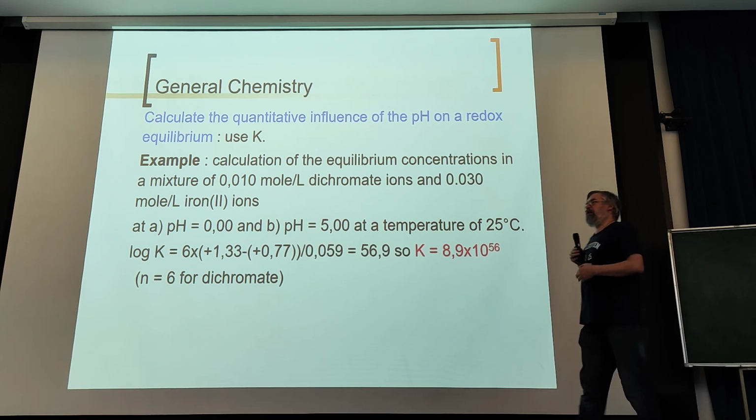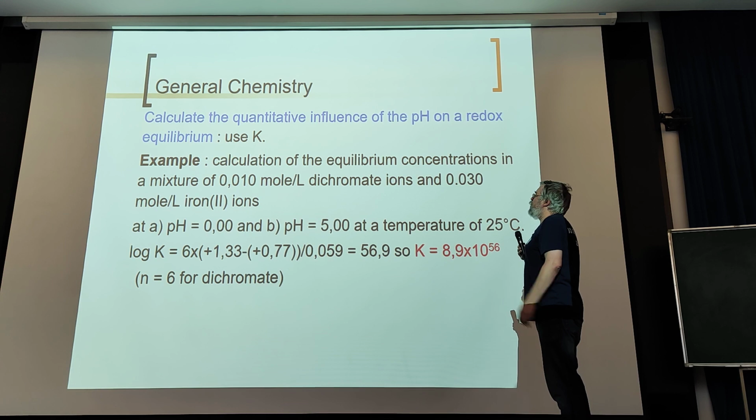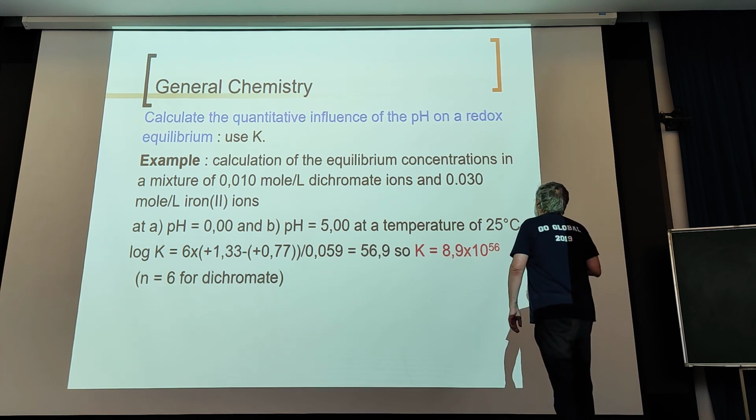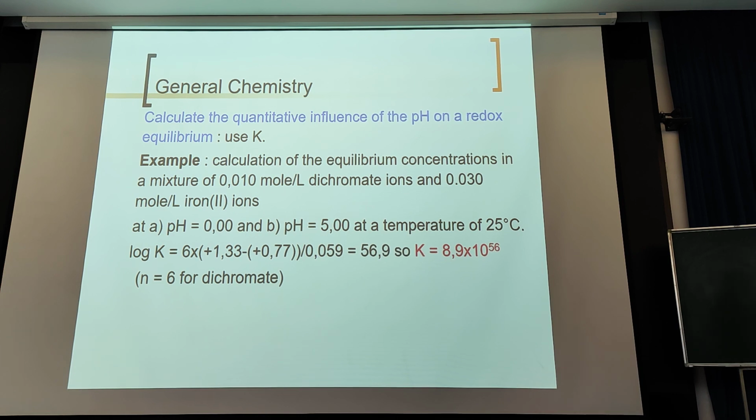Okay, so here we have the quantitative influence of pH on redox equilibrium. We use another very strong oxidant, namely bichromate, Cr2O7 2-.